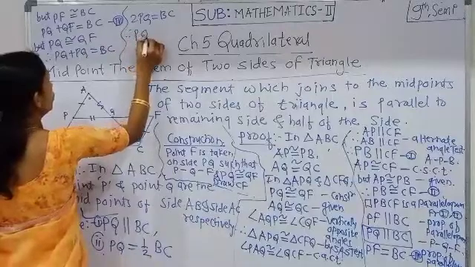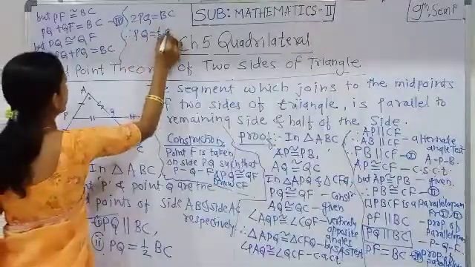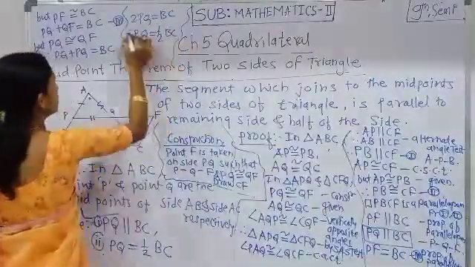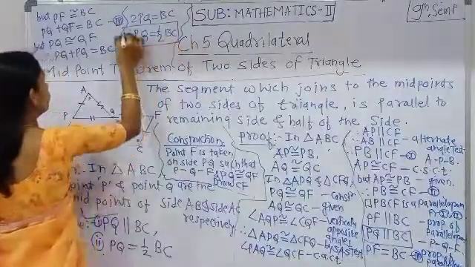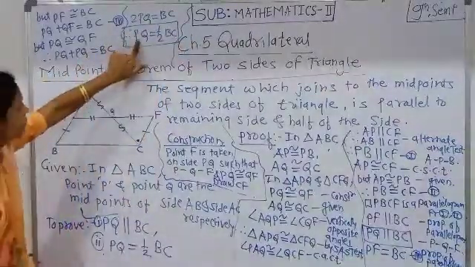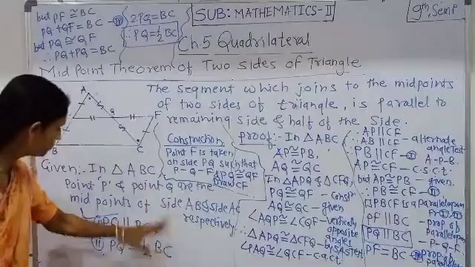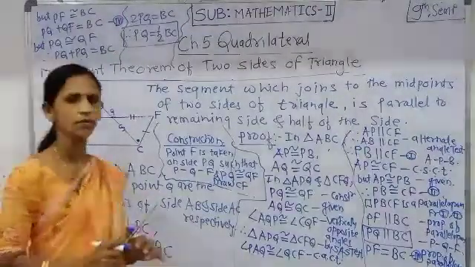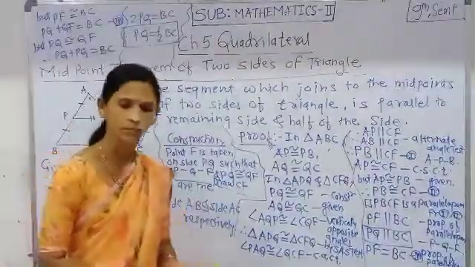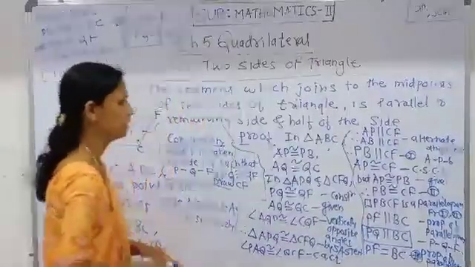Therefore, PQ is equal to 1/2 BC. That is the proof of this theorem. See here, PQ is 1/2 of BC. That is the midpoint theorem of a triangle.